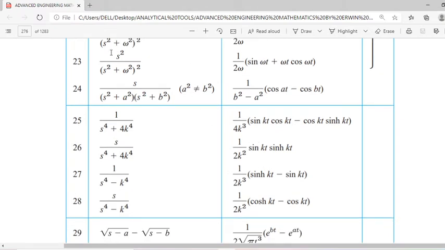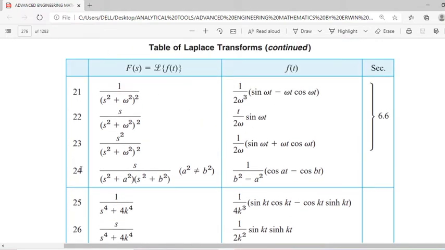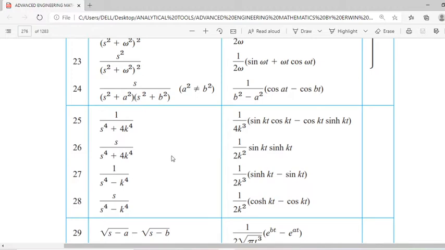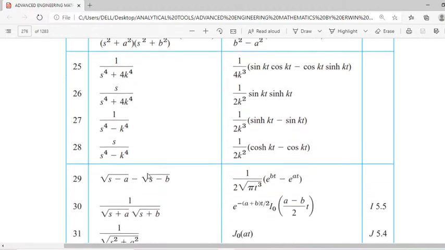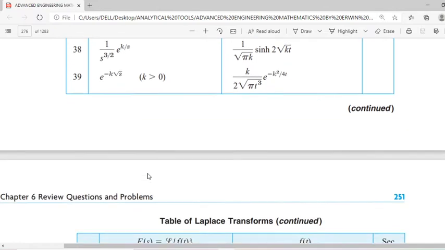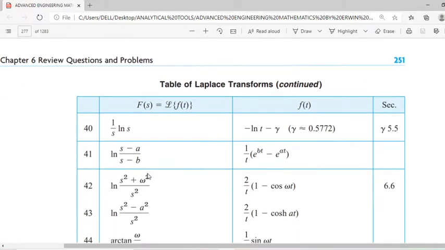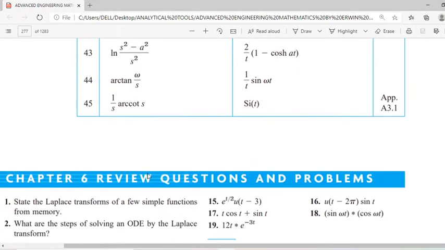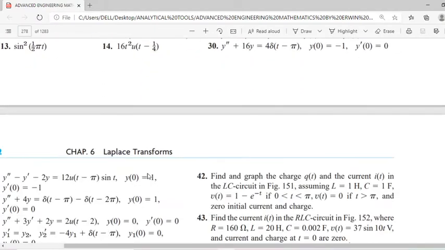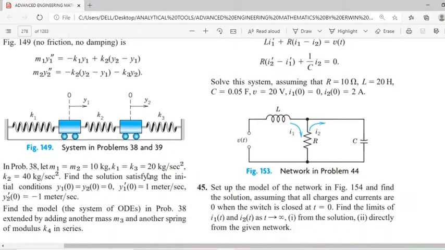These problems 21 to 24, that is the application of differentiation, integration of transformation. Okay. This is also by the application of similar formulas. You can do all these problems. You can expect problems from this table in the examination. Okay. So you have to do all these problems. Several problems are there.